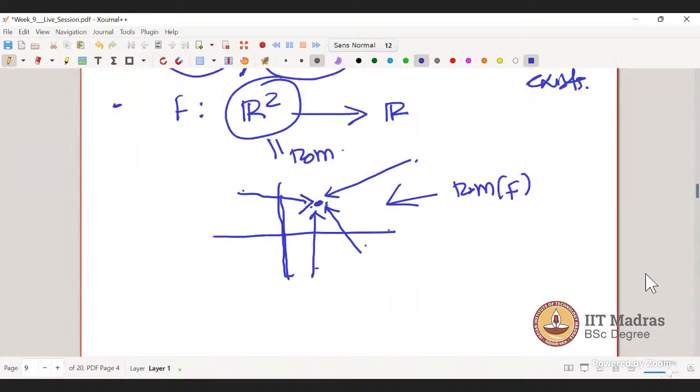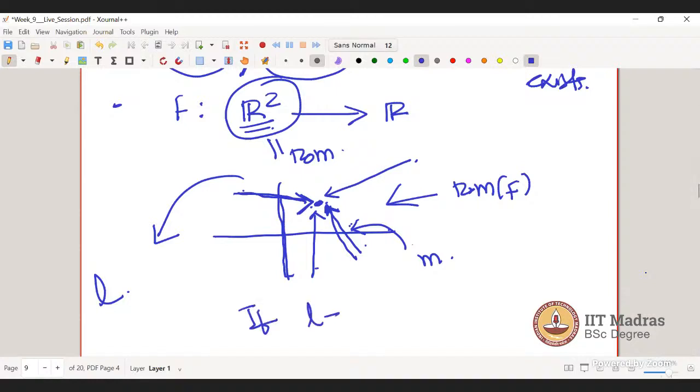In the case of more than one variable, I'm talking only about R2. If I have one direction where the limit is L, and another direction where the limit is M, and L is not equal to M, then I can say that the limit doesn't exist.